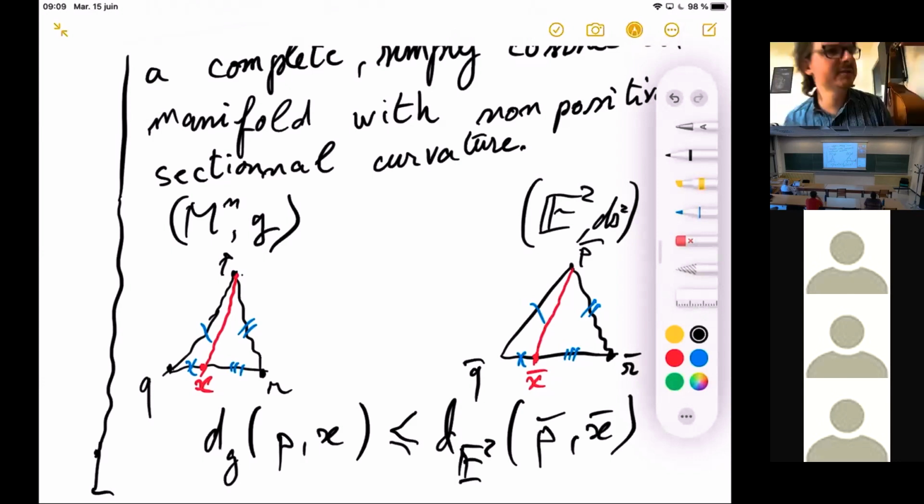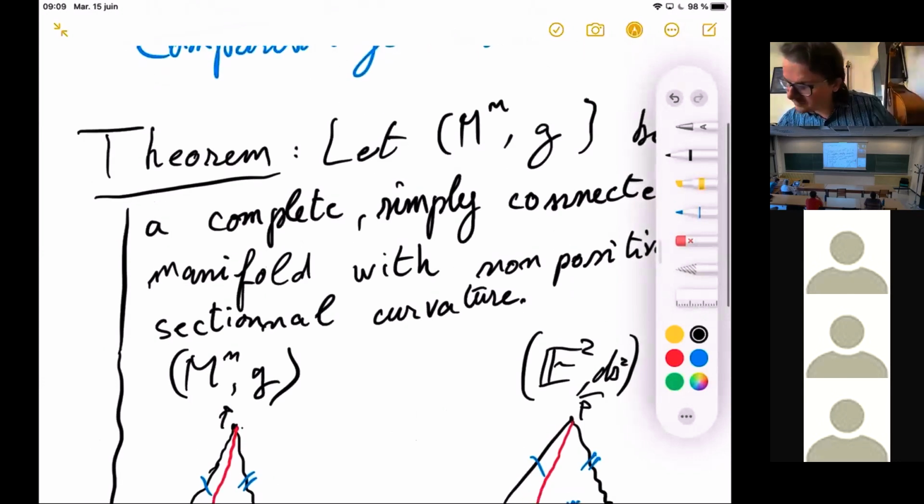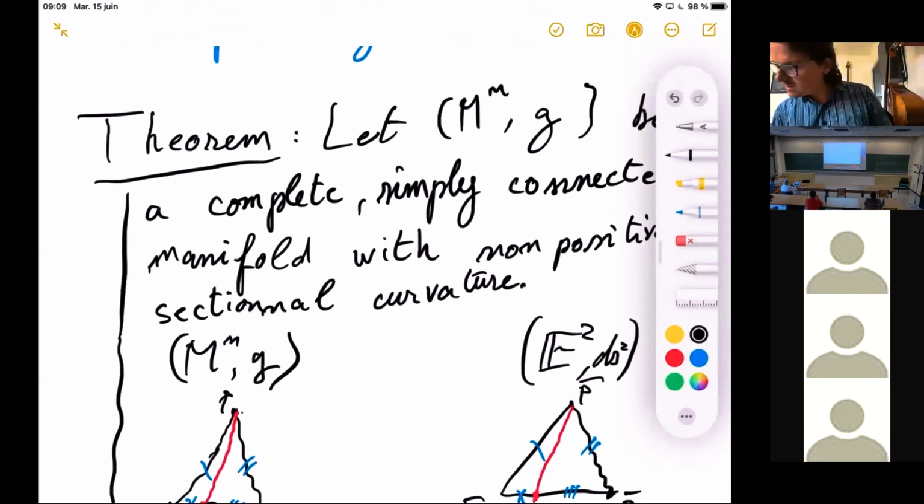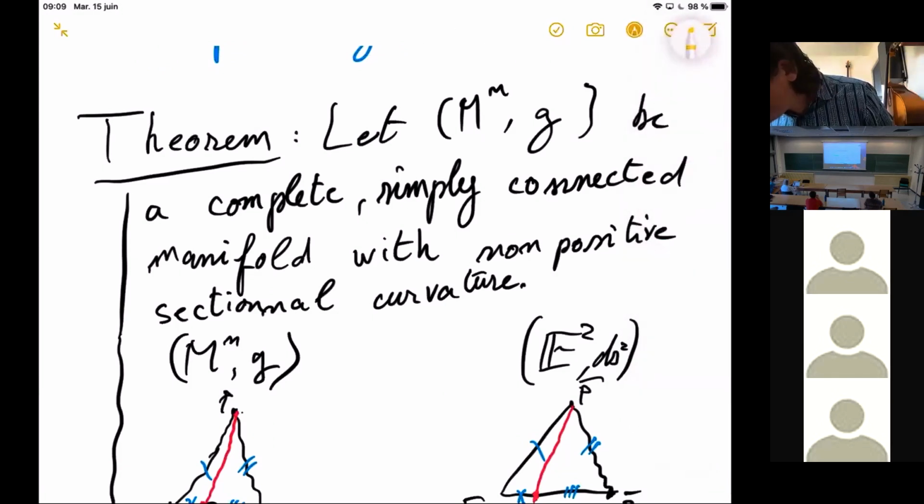So I've just put one. And the question is, I've put some assumptions here. I've put completeness, which in most cases is really necessary in this business.